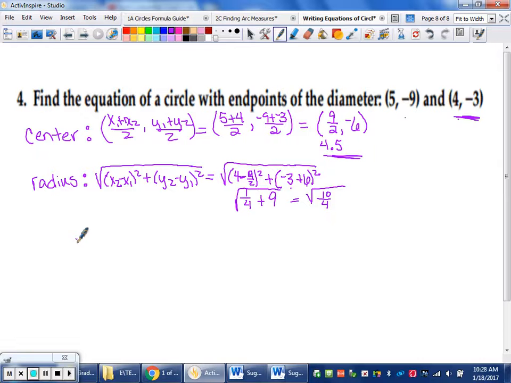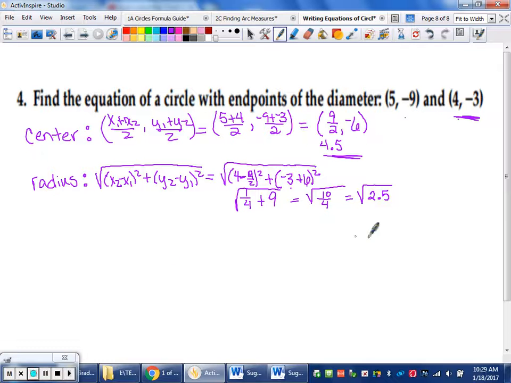Now, that is the square root of 10 divided by 4 is 2.5. The square root of 2.5. Okay?